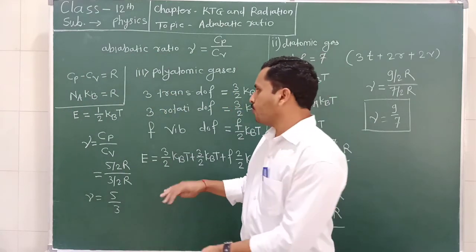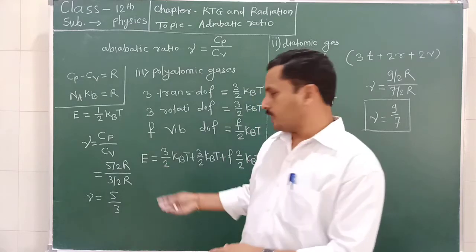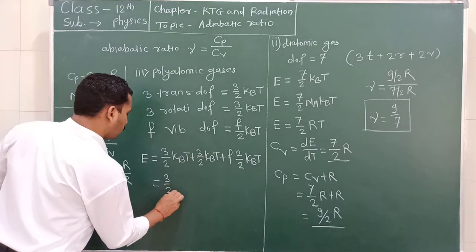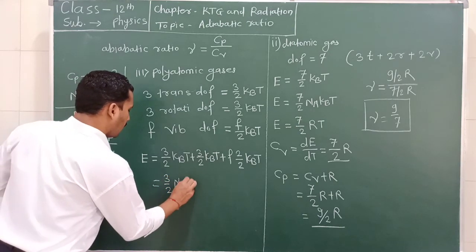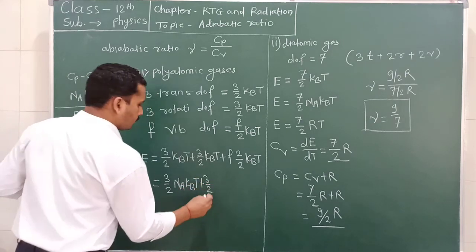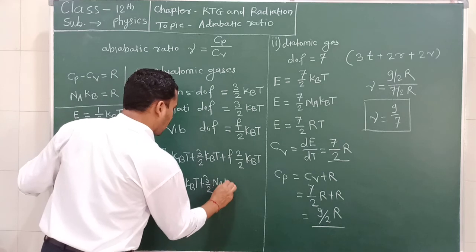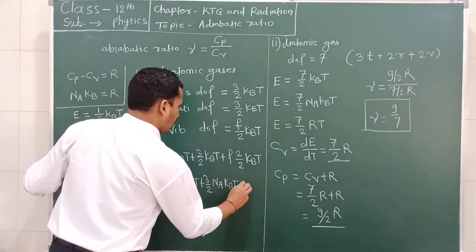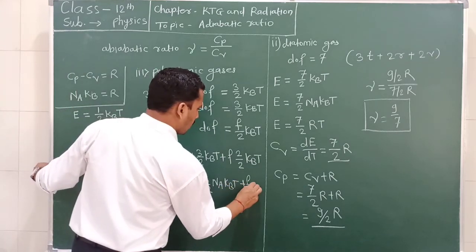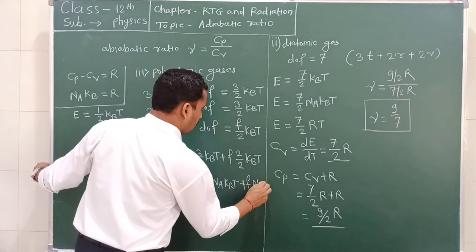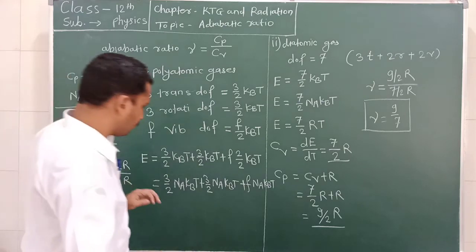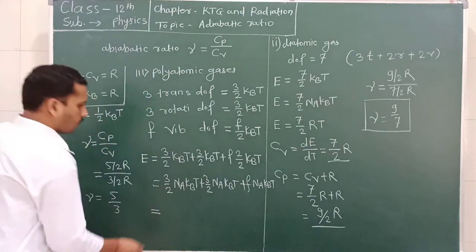If we have to convert into the molar, we can multiply this equation by Na. So we can write here it is equal to 3 by 2 Na into kBT plus 3 by 2 Na into kBT plus F into Na into kBT. So what is Na into kB?